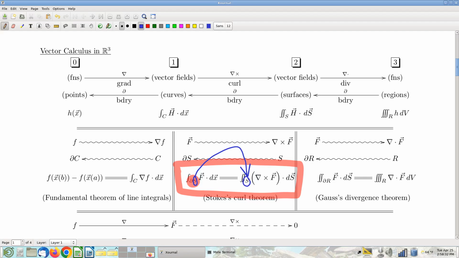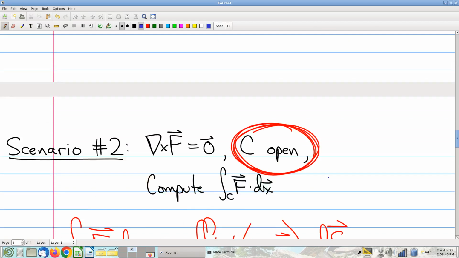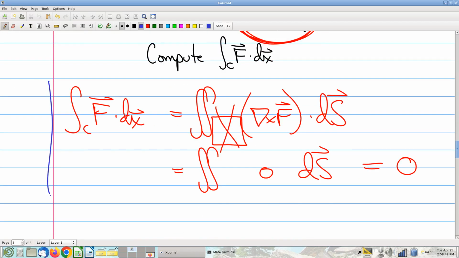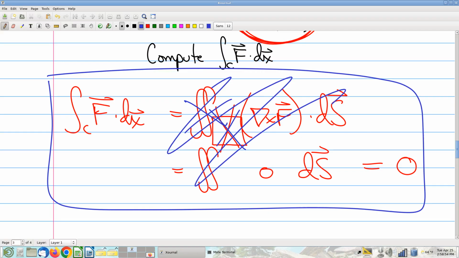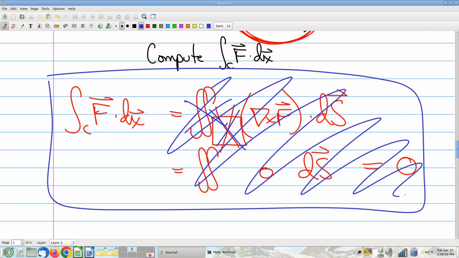So no anti-boundary, no flux integral, no Stokes's theorem. Right? So again, just like in the previous example, this is all garbage. This is all wrong. There is no anti-boundary surface.